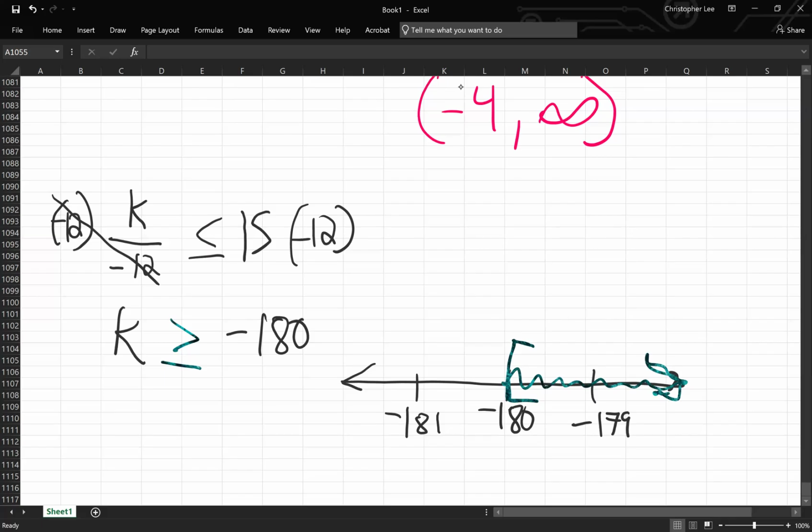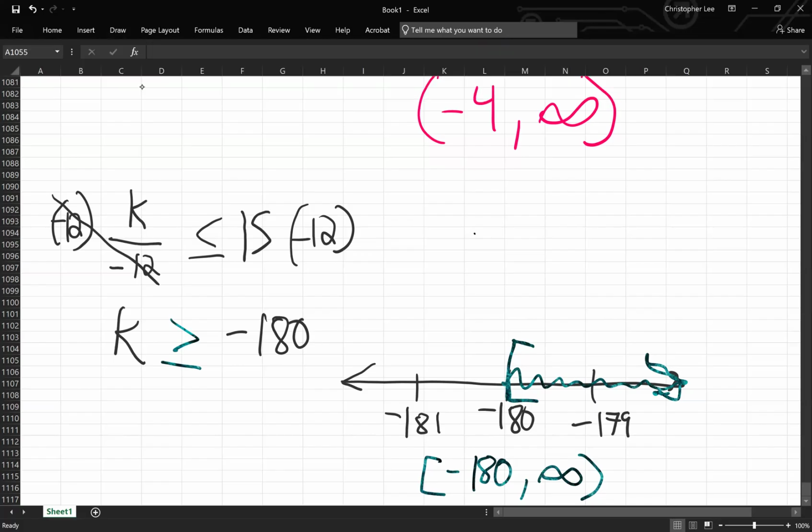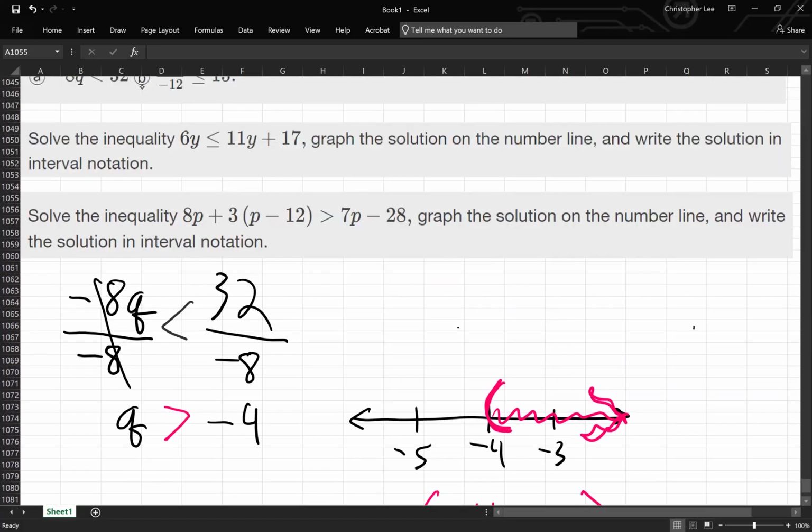Interval notation, what is this? Bracket, -180 to infinity, close parenthesis. Questions on this? Everybody got this answer? Awesome. All right, let's do those last two, and then I have just two more examples after that, and then you guys can work on the practice.